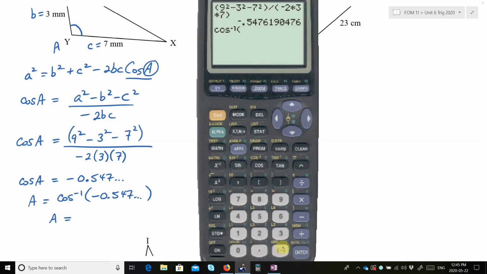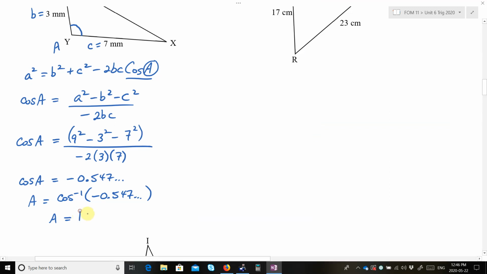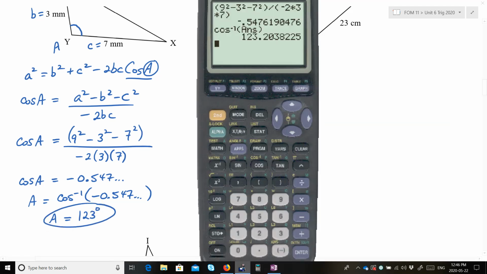We know the answer is underneath the negative sign on this calculator, so go second function negative sign, put answer in there, and our angle is 123 degrees. The answer key goes to the nearest degree for 2a and 2b. So 123 degrees, and we got that right with the answer key.